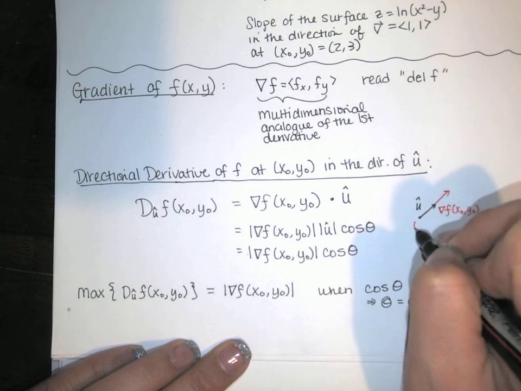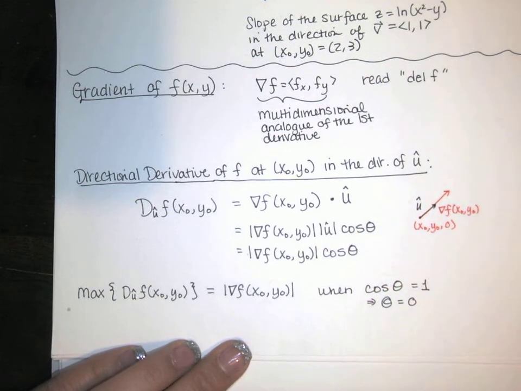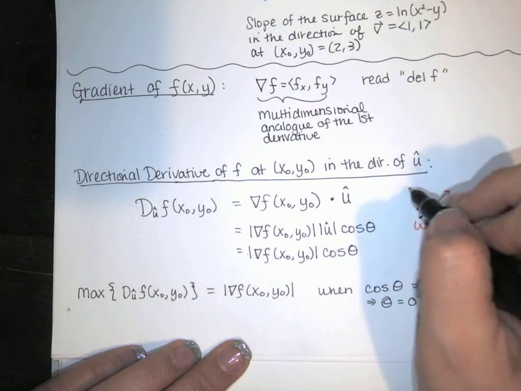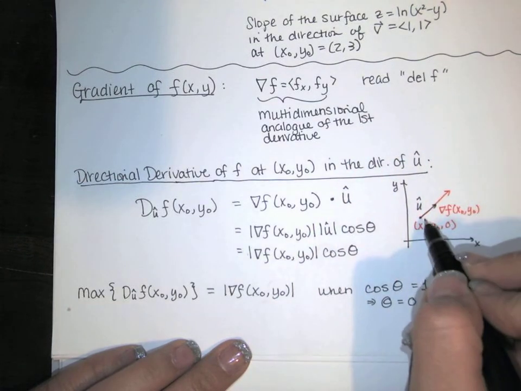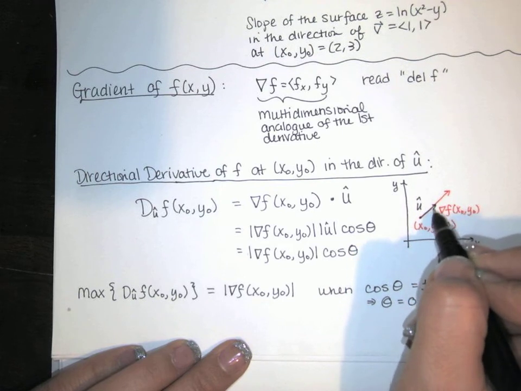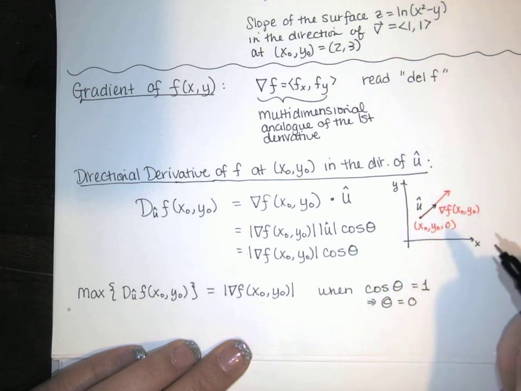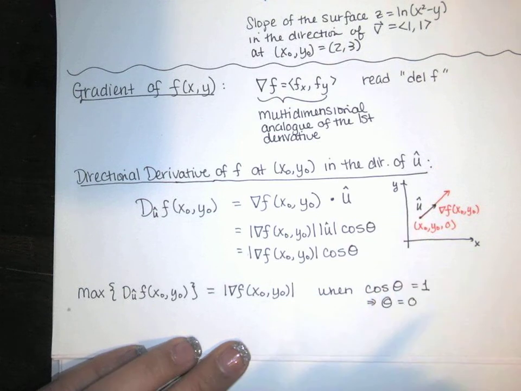At that particular point in the xy plane, we've got x naught, y naught, and z equals 0. So we're in the xy plane. Maybe it looks like this. There's some surface above this xy plane. And here's x naught, y naught, 0. That's the direction that we want to go. And the gradient is heading in that direction whenever theta is equal to 0, because the angle between u hat and the gradient is 0.